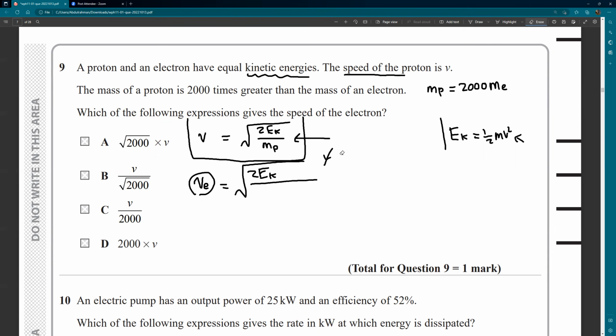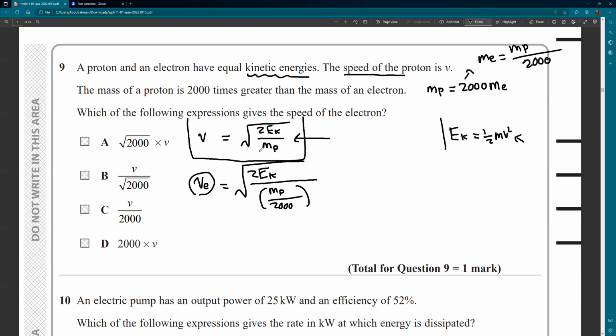Hope that made sense. So I'm going to use this relationship and say the mass of the electron is equal to the mass of the proton divided by 2,000, because we know the mass of the proton is 2,000 times larger. So I'm going to substitute this in: mass of the proton over 2,000. And this is your velocity of the electron.